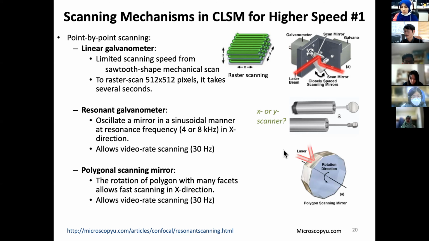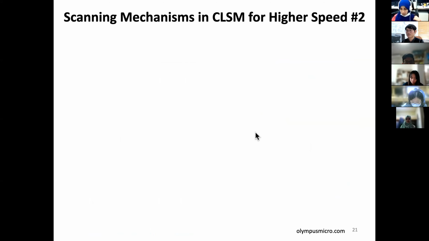Polygonal mirror makes this mirror with a rotating direction, and all these facets are small tiny mirrors. By rotating this fast, the input laser is staying still, but by changing this angle, the output is sweeping. So that's how we can scan very, very fast. This is a trick. There are other mechanisms which I will discuss later on.